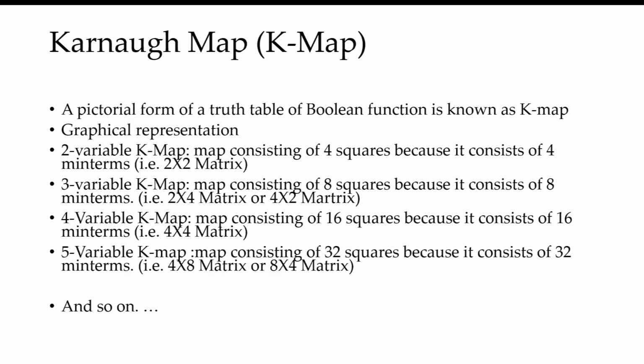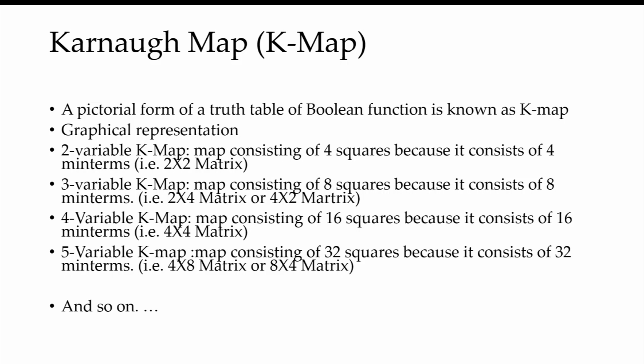Generally the K-map technique is used to minimize or simplify a Boolean function of up to 5 variables. But when the function has more than 5 variables, like 6 or 7 variables, we generally do not prefer the Karnaugh map technique, because it is very difficult to minimize a Boolean function consisting of 6 or more variables.